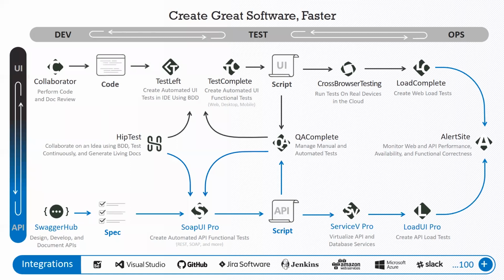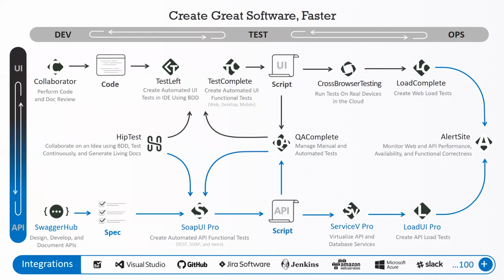ServiceV basically allows us to remove dependencies on services that maybe we don't have full access to, that are controlled by another team, or that are third-party APIs that incur rating charges when we send requests.